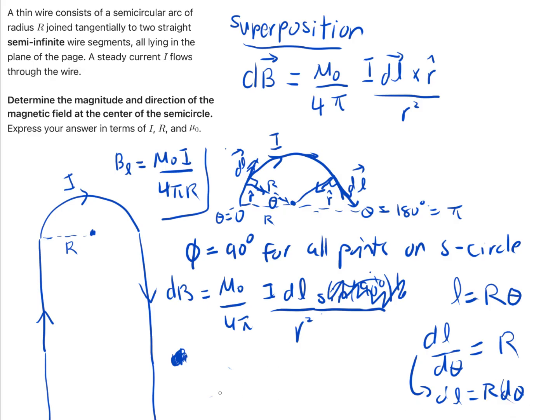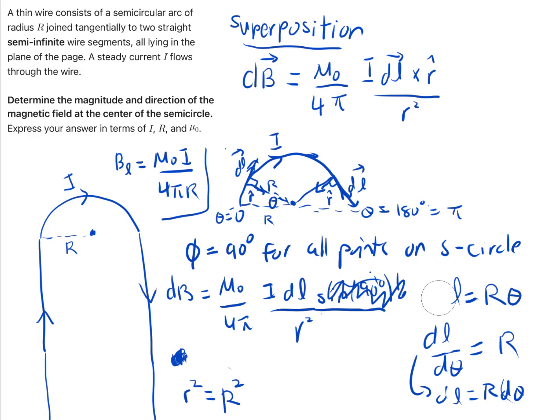And also, we have to figure out what r squared is. Now the nice thing is, since it's a circle, the distance from each of these current elements to the center point is just r. So the radius squared, little r squared, is the same as big R squared in this case, which is a constant.